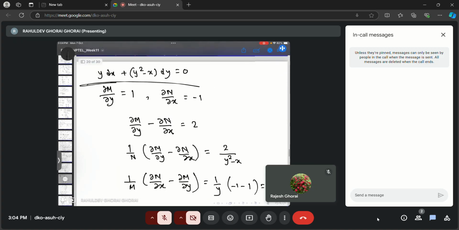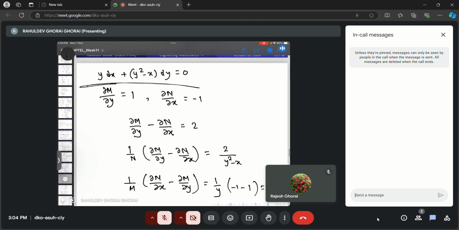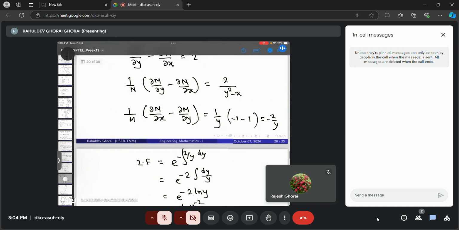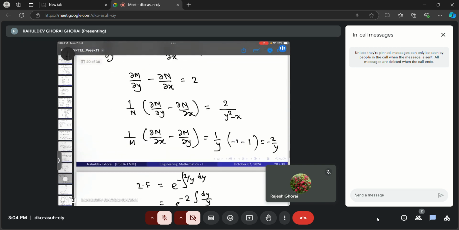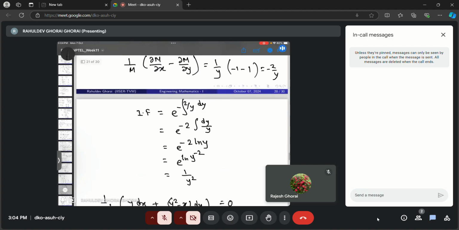So your solution will be x over y plus y is equal to constant for the differential equation we started with. We took a differential equation for which del M del y is equal to 1 and del N del x equal to minus 1, which is not exact. But we know one way to do this: you calculate these quantities, and if it is only a function of x or only a function of y, that gives an integrating factor.